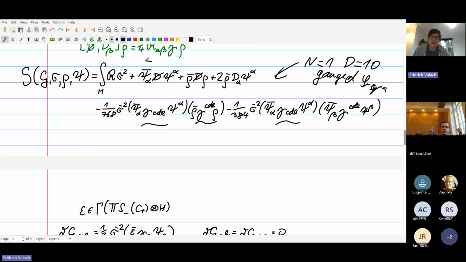The argument for these things is that we simply took them from an older paper, which derived that if you write down the usual known expressions for this N equal 1, D equal 10 supergravity, then the kinetic terms of the fermions can be written in this way. So this was kind of known. So I have no claim that these are the only 3 terms, but I think that those are the only 3 terms that you can write actually.